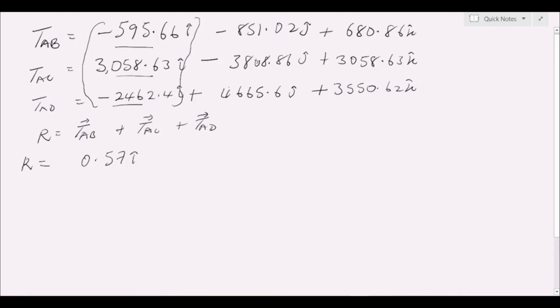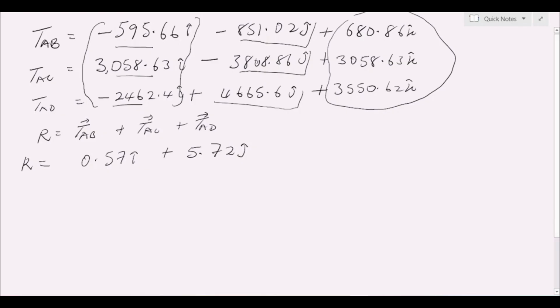Then if you add all the y components, you are likely going to get plus 5.72j. And finally, all the k components, if you add them up together, you are likely going to get plus 7490.11k.